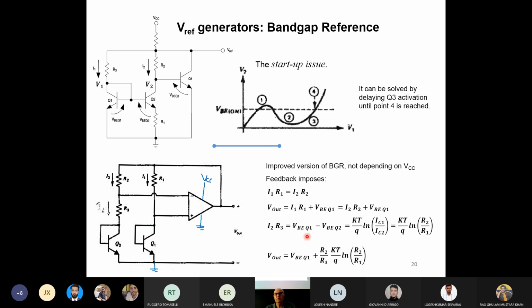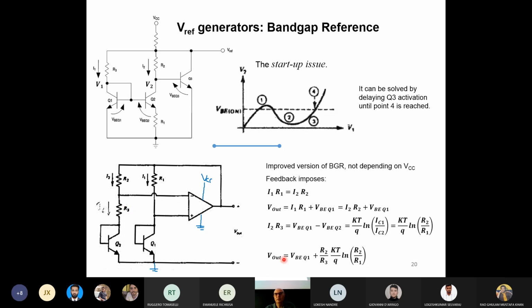We could also write that the voltage VBQ1 is equal to VBQ2 plus I2 R3. These are the same voltages, so the voltage here, VBQ1, is the same as the voltage VBQ2 plus I2 R3.